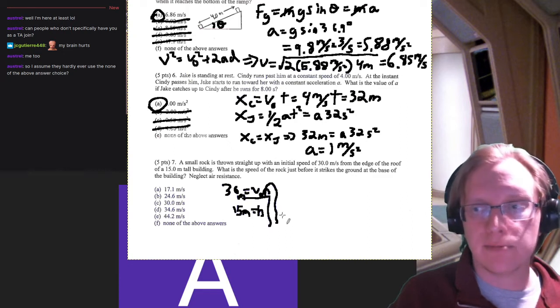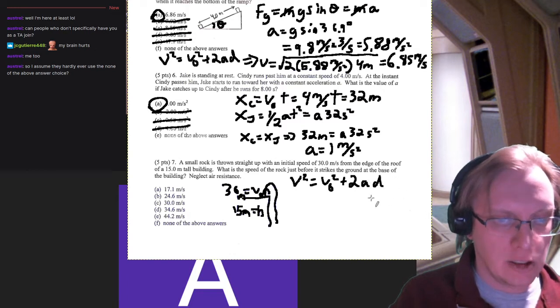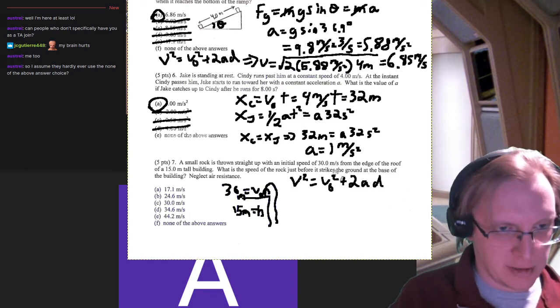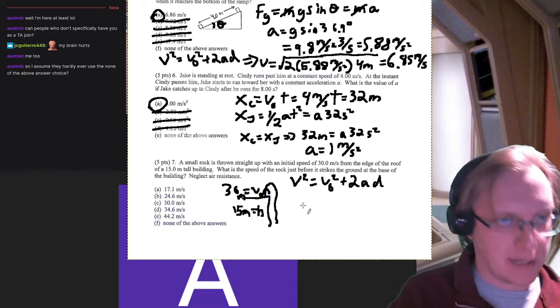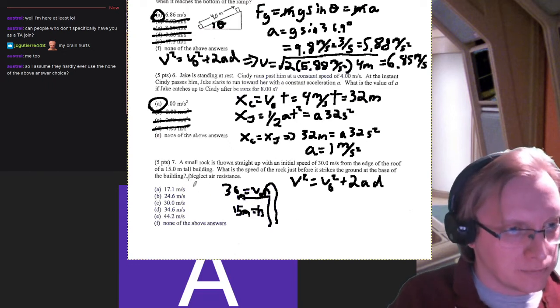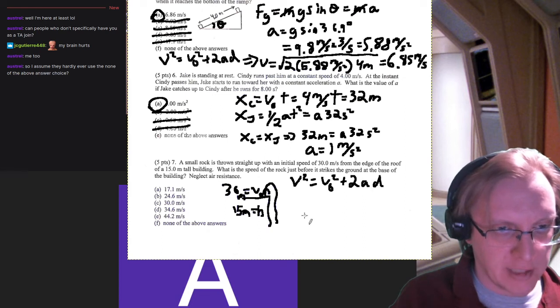I don't recommend it because the energy equation, V squared is equal to V naught squared plus 2AD, has it covered because of the squares and also because it's energy conservation, which we'll get to in a few chapters. So I have the initial velocity, I have the height, I have an acceleration due to gravity.